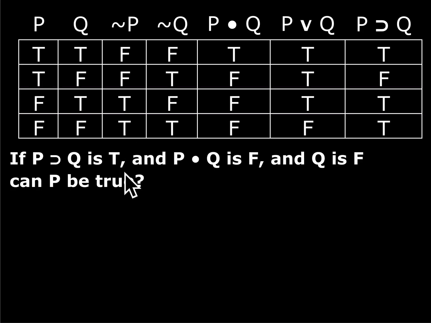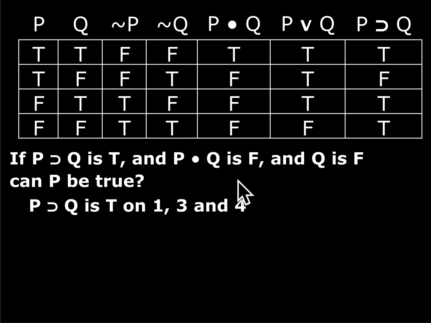So this is the one that I said would be pretty complicated if we tried to do it in our heads. It's actually not too bad to do in our heads, but it's pretty trivial if we just use the table. So the first thing we do is find all the rows where the conditions are all met. We want if P then Q to be true, P and Q to be false, and Q to be false. The first one is true on 1, 3, and 4.